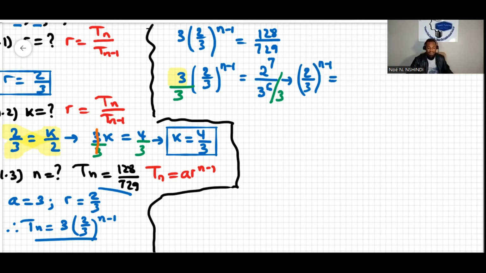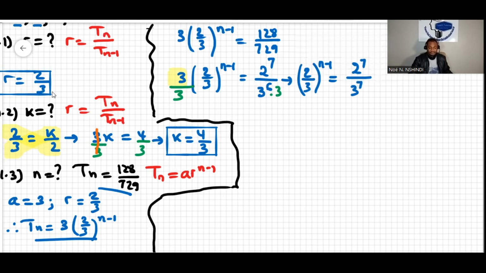When I divide by 3 both sides in a fraction like this, it's similar to multiplying the denominator by 3. So this will be 2 to the power of 7 all over 3 to the power of 7.